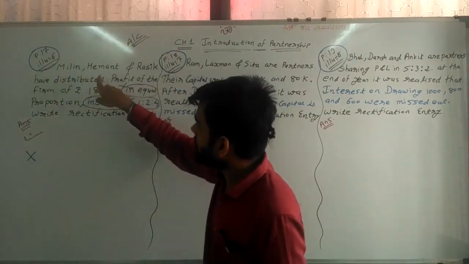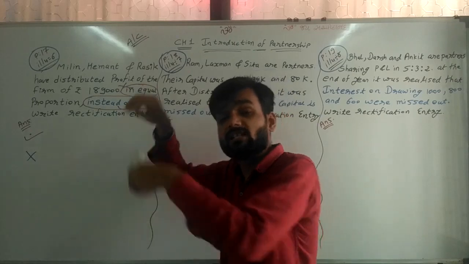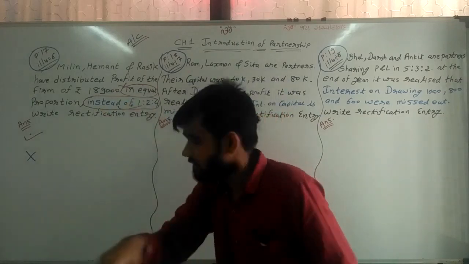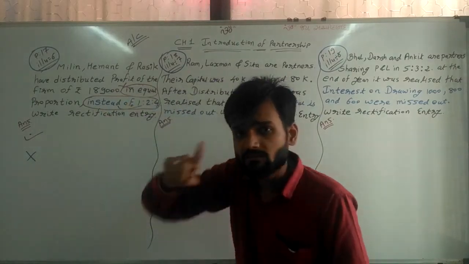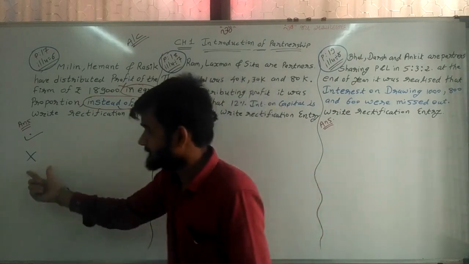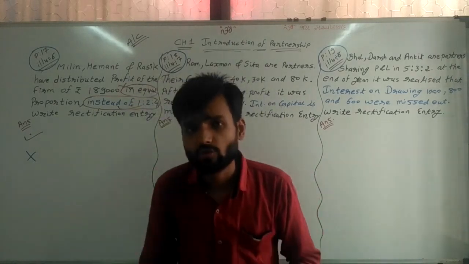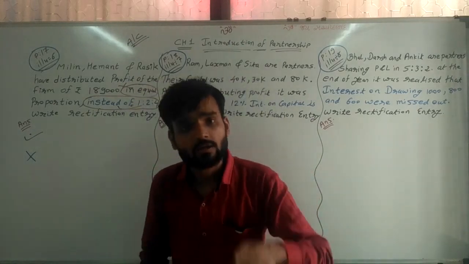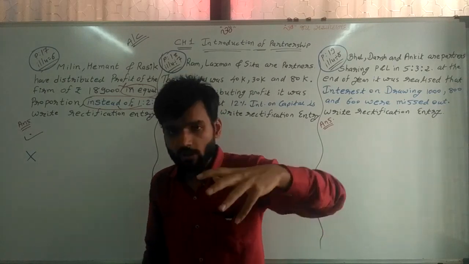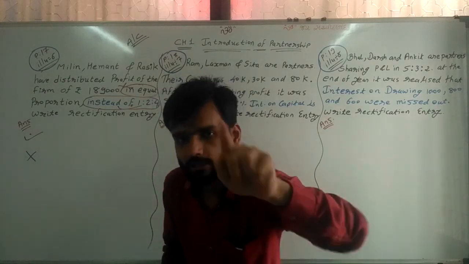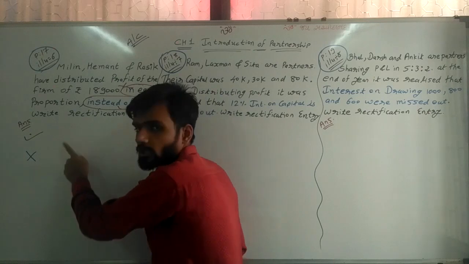If there is a profit, as here, or if there is a loss, even then distribute first in the correct ratio and second in the wrong ratio. Why? Because whatever rule I am going to tell you depends on this situation only.